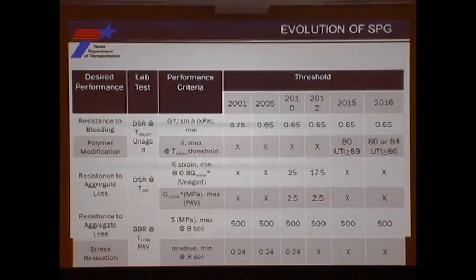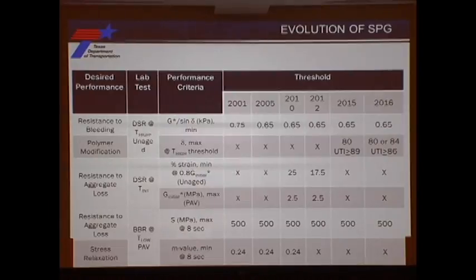And you see some things in there where we didn't have a property that we measured of some kind, and we added it in there. And then later on, we changed our mind because we didn't think it really was telling us anything and took it out. We had other stuff that was in there from the beginning that we removed because it didn't correlate with the performance, like the M value from the bending beam rheometer, if you're familiar with that test.